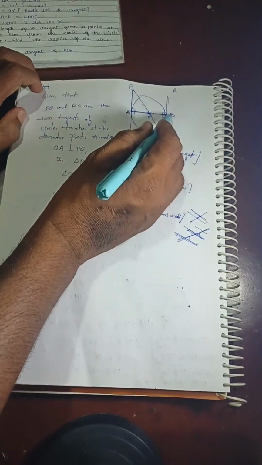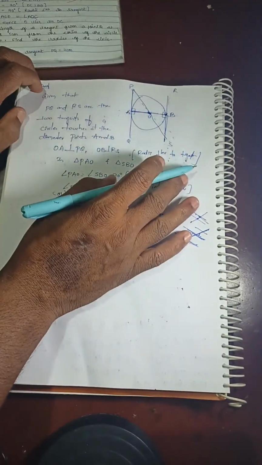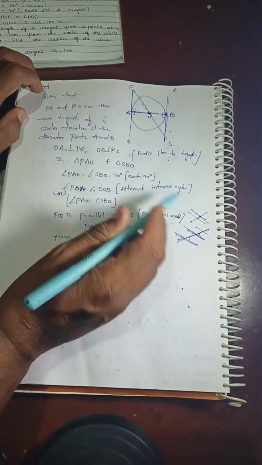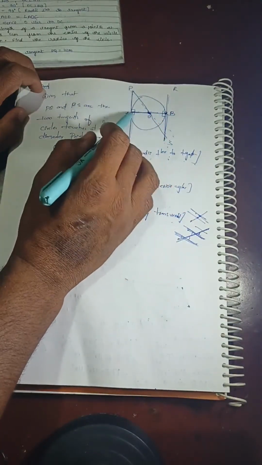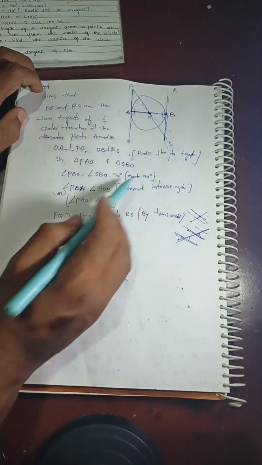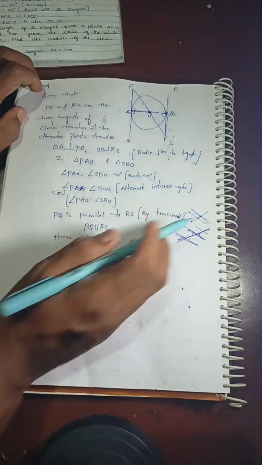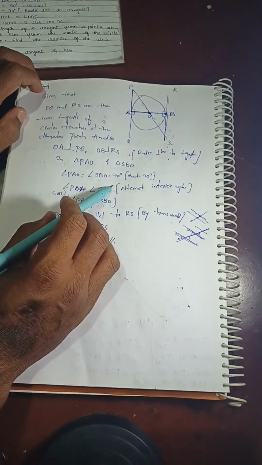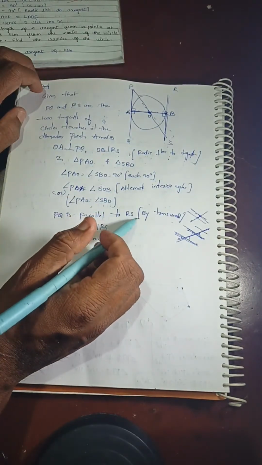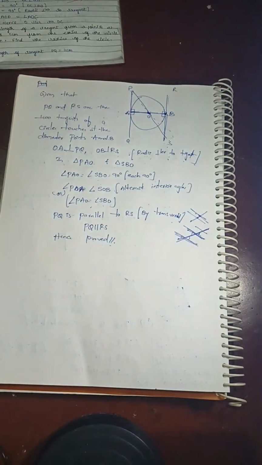Now, in triangles POA and SBO, angle PAO and angle SBO are equal to 90 degrees each. Angle POA and angle SOB are alternate interior angles, and 90 degrees. Therefore PQ is parallel to RS by transversal.